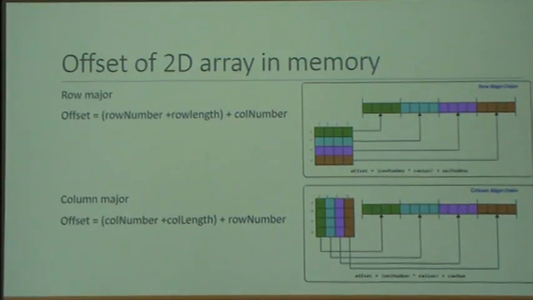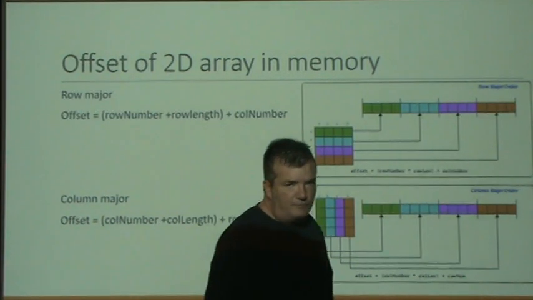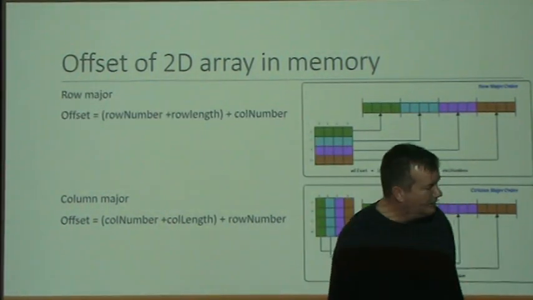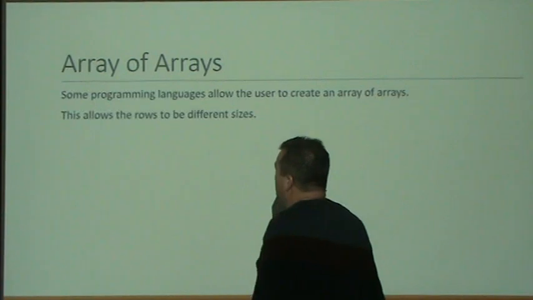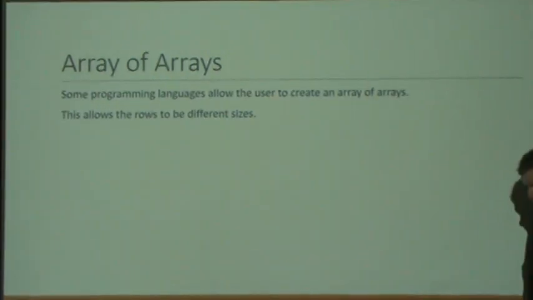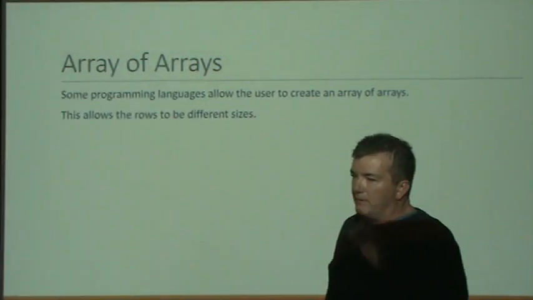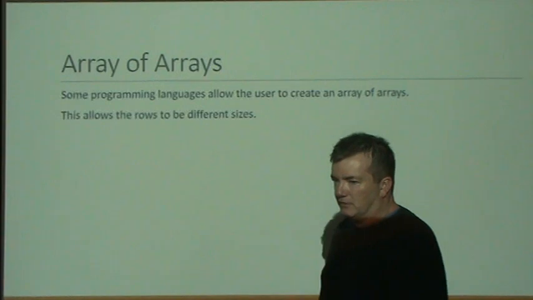Now, as you can imagine, you can go into 3 and 4 dimensions too, depending on what your application is. Okay, so there is the concept of arrays of arrays. Some programming languages only allow one-dimensional arrays.